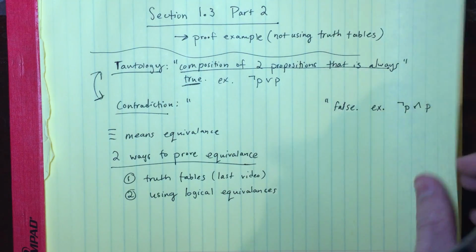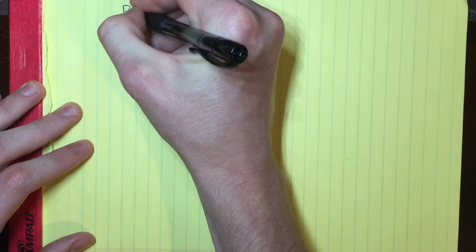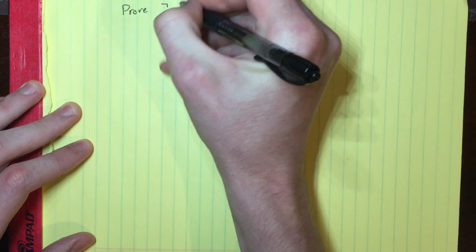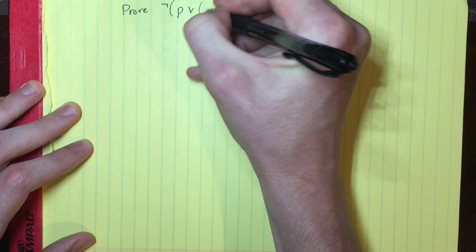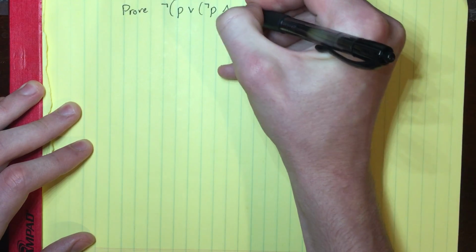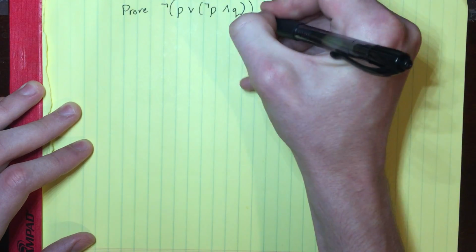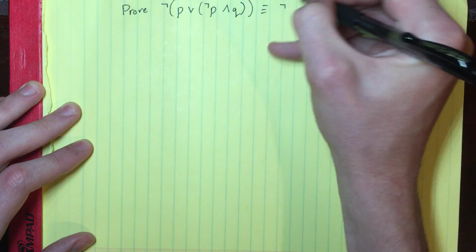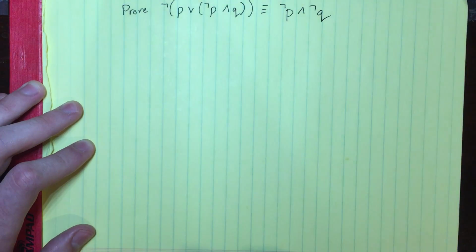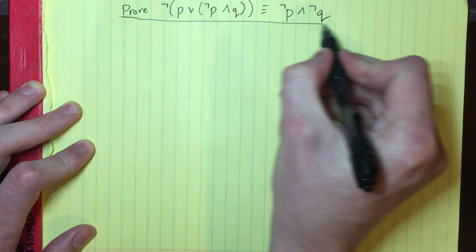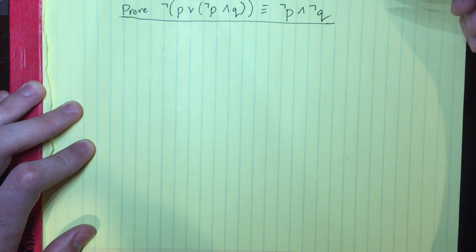So today, let's start our example. We are going to prove this. Let me write it out real quick. Not P and not Q. Usually when you do this, we can either use truth tables or logical equivalences.